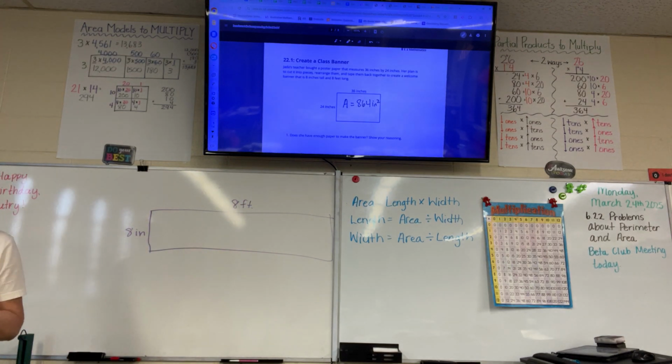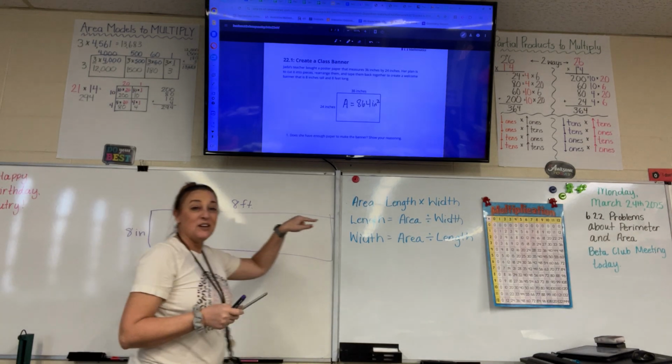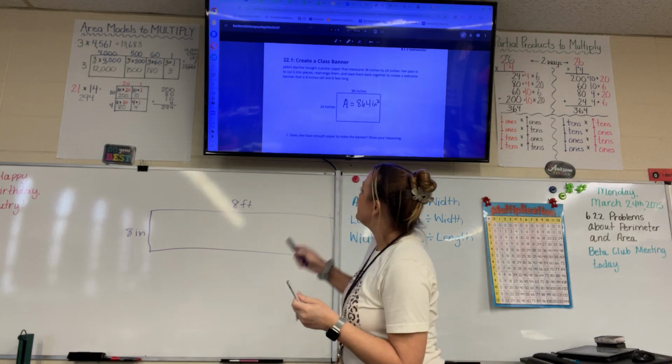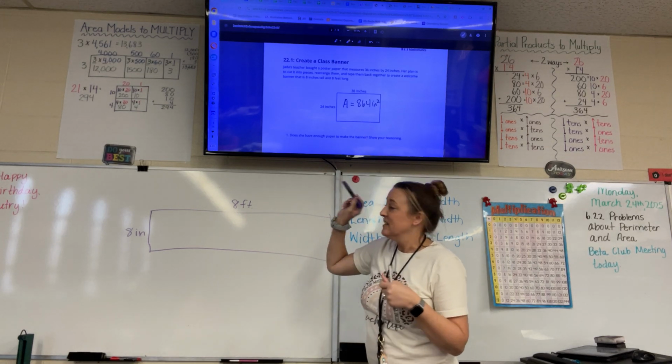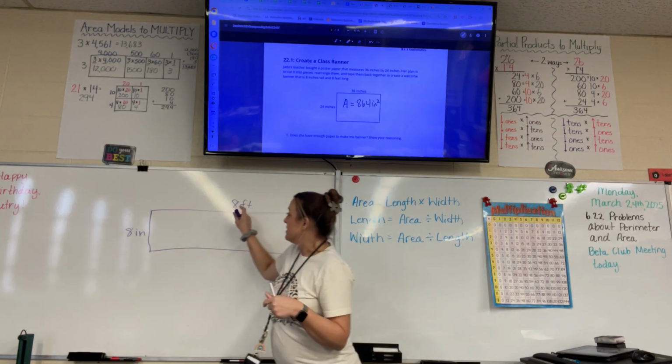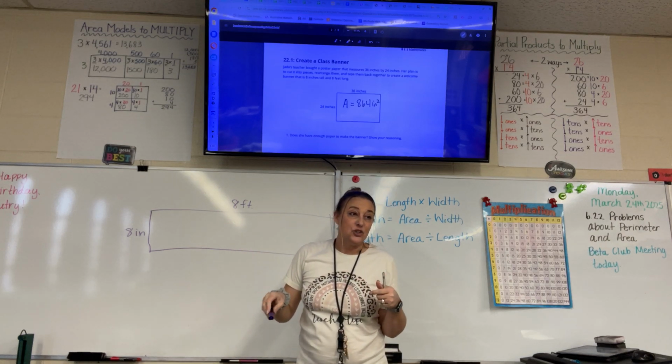What would you have to do to see? Zerelda? Times it. Times it, except, do you see a problem? Wait, Harper? It's feet and inches. It is. We've got 2 different units of measurement. So since the original one was inches and one of our measurements is inches, let's turn 8 feet into inches.